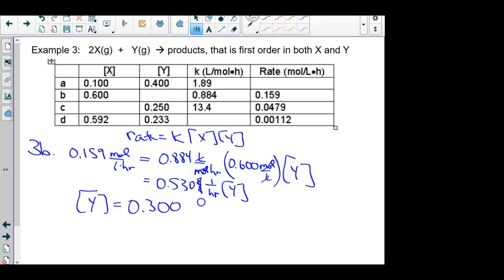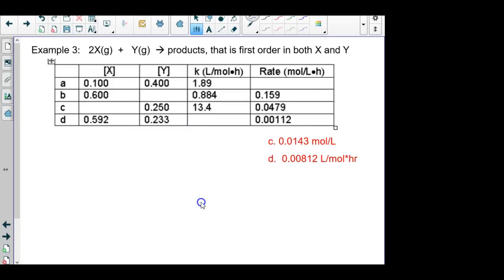And now we've got to think about units. When I divide this over, it's going to flip up, and hours will cancel. So we will have moles over liters, which you should expect if you're solving for a concentration. See if you can get these two answers. Put them in your notes for examples C and D.